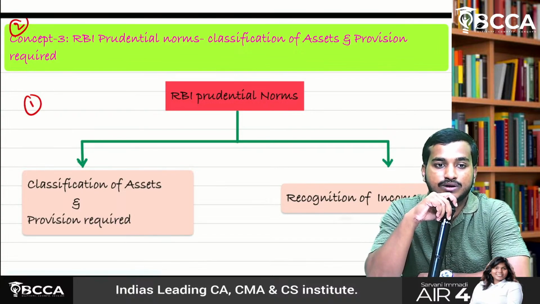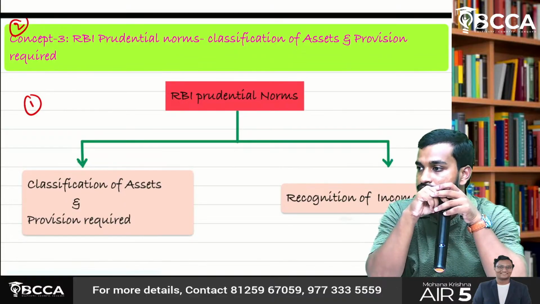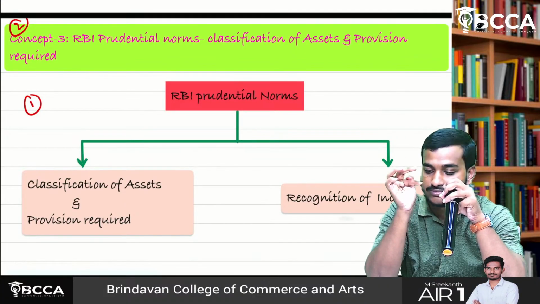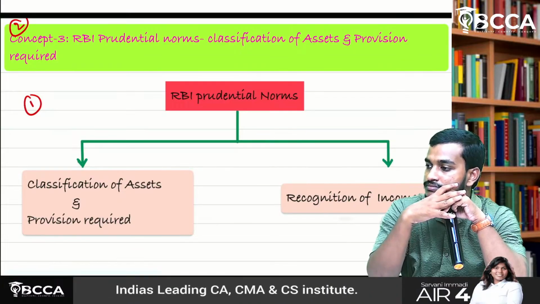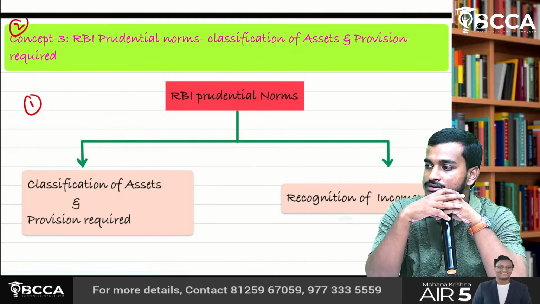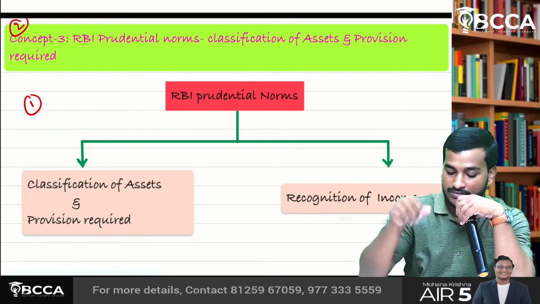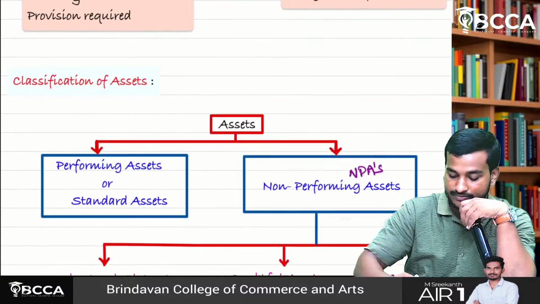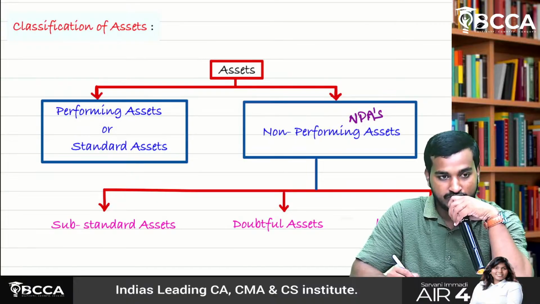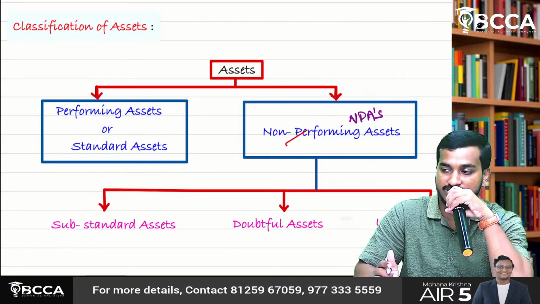Sweta, are you writing? Completed? Then copy. Assets, 2 branches: performing asset, non-performing asset. Other name for performing asset is standard assets.